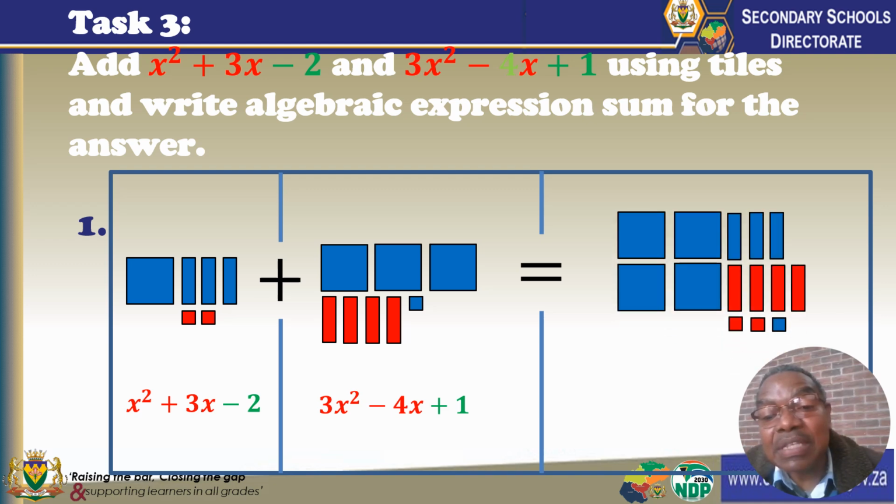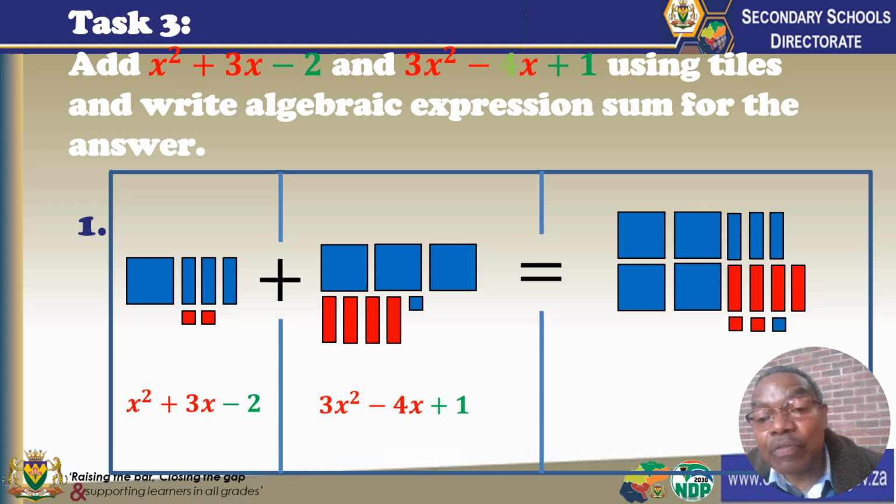So for the result, let's count again. We have 1, 2, 3, 4 square boxes, and how many rectangles? 1, 2, 3. Then the red ones are 1, 2, 3, 4. Now because we have x squared plus 3x minus 2, we need to combine and see how much the result is. When we check here, the red box, which is the rectangle part, will remain as negative.